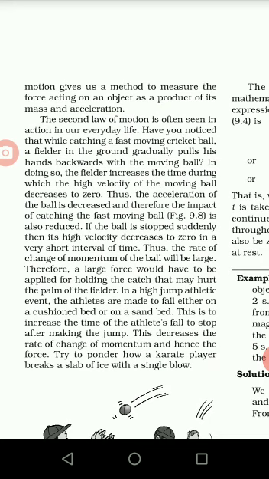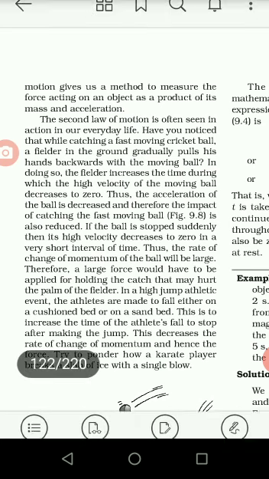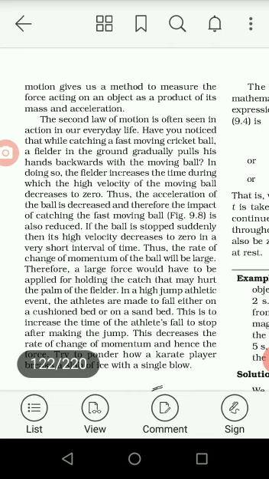By doing so, the fielder increases the time duration in which the high velocity of the moving ball decreases to 0. Therefore, the acceleration of the ball decreases, and therefore the impact of catching a fast moving ball is also reduced.